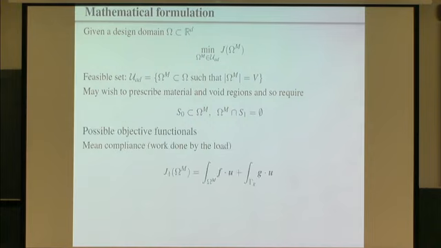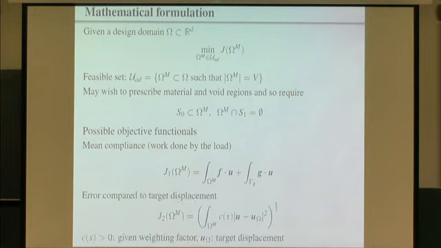There are choices of possible objective functionals that people consider. There's the mean compliance, we'll call that J1, and this is just the work done by our load. Remember, F was the volume forces acting on omega m, and G was the boundary forces. A second possible objective functional is J2.